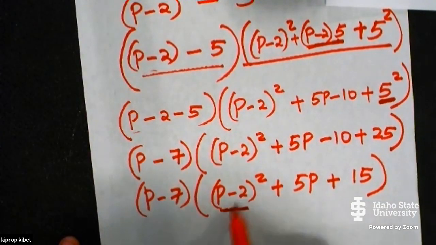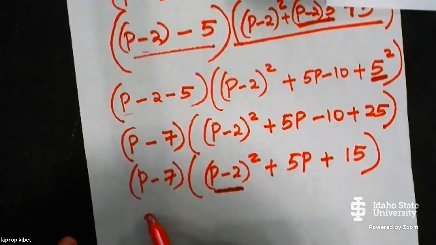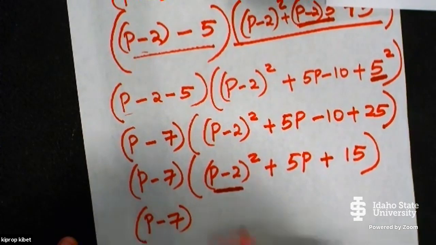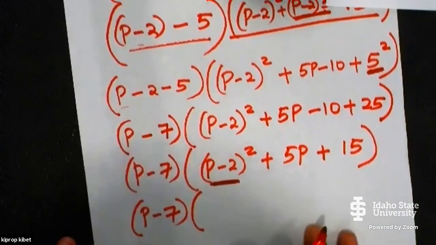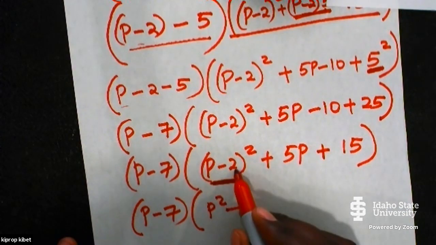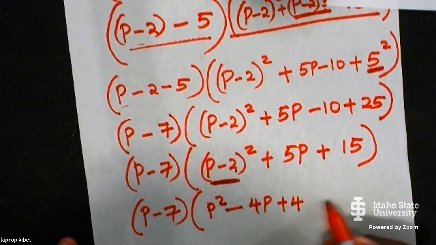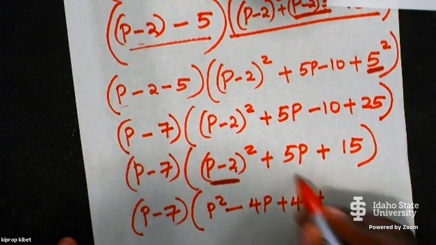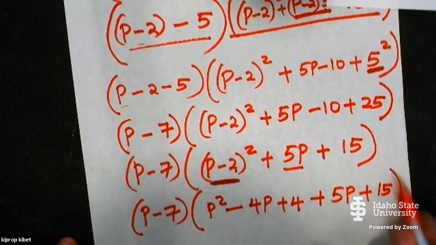So when you open this bracket here, you have (p - 7), which is outside. Then when you use the perfect square, this is like p^2 - 4p + 4, and then plus this 5p here plus 15 there.